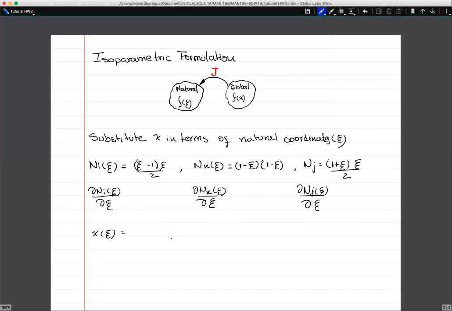So if we do this, it means that each of the coordinates of the nodes multiplied by the corresponding shape function will produce the result we're looking for.